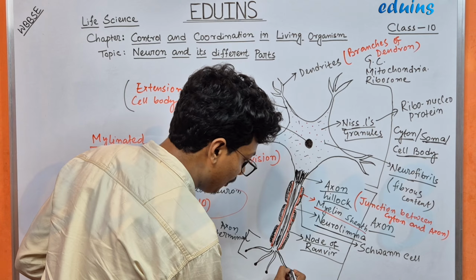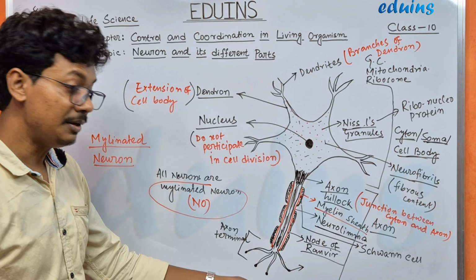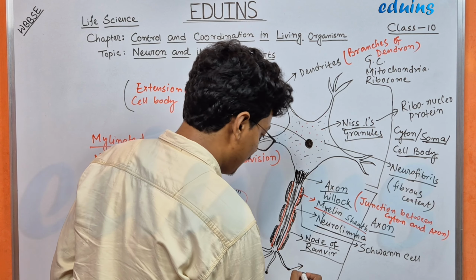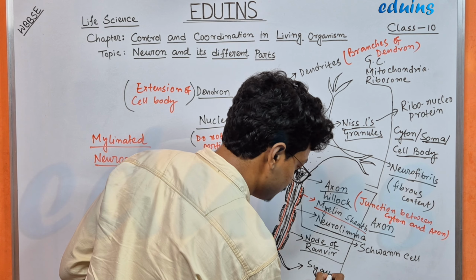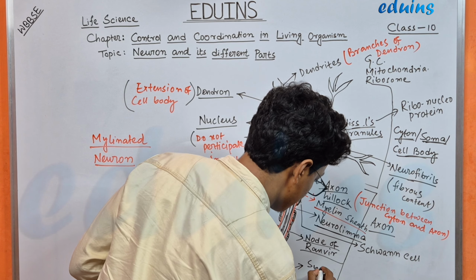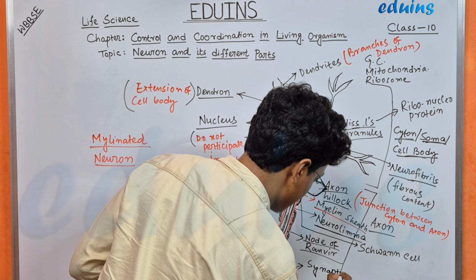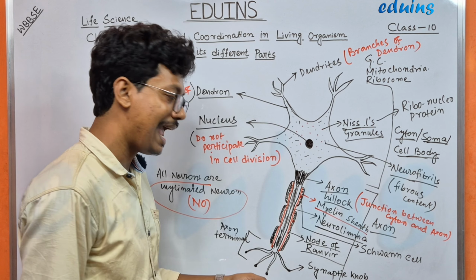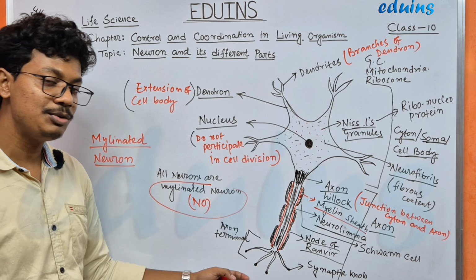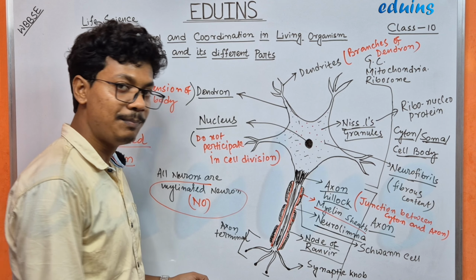The ends of these branches contain a knob-like or bulb-like structure, known as the synaptic knob, which helps in the transmission of the impulse.